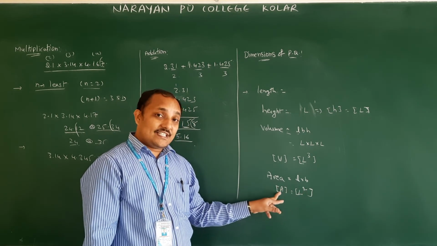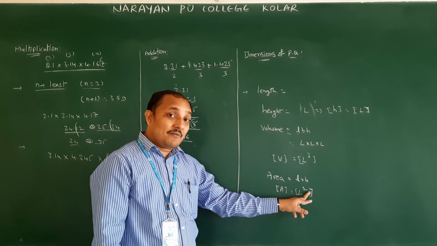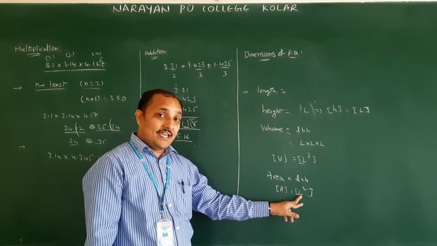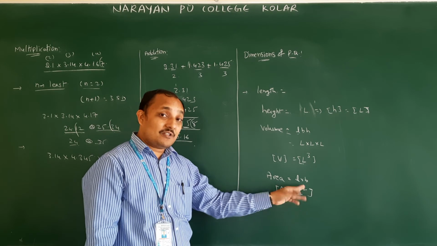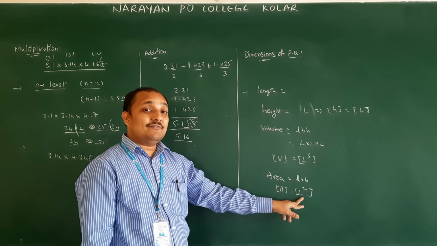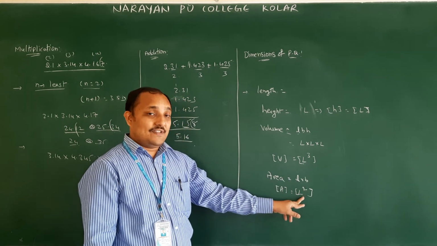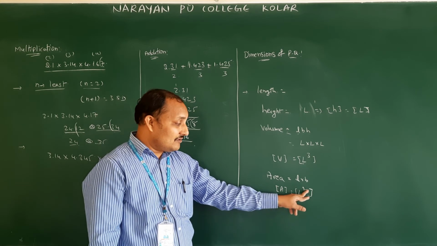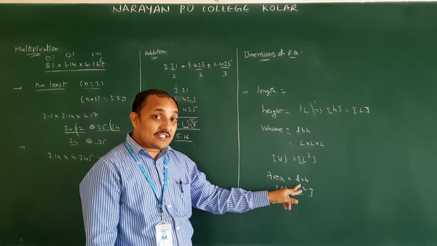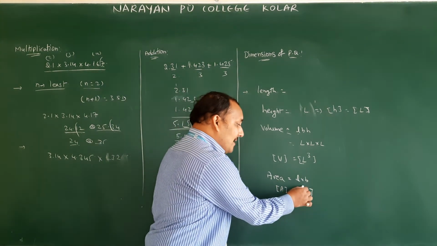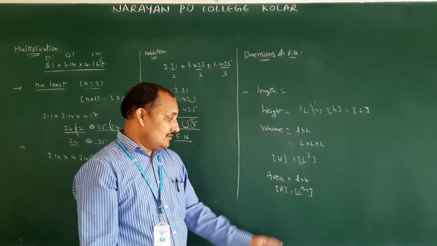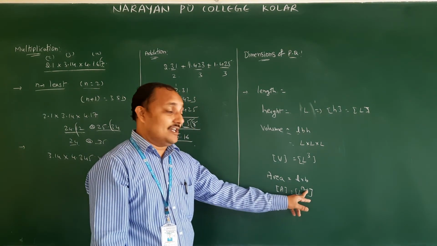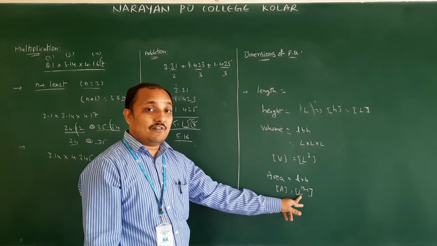To represent a physical quantity, up to what powers we raised of the base quantities or fundamental physical quantities, those are called dimensions. These powers are called dimensions. Here power of the length is how much? 2. So 2 is the dimension of fundamental physical quantity length.